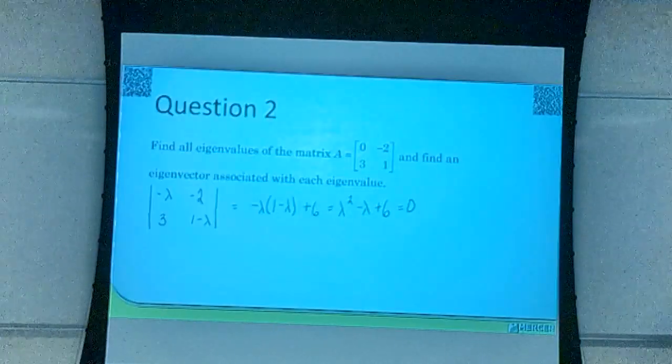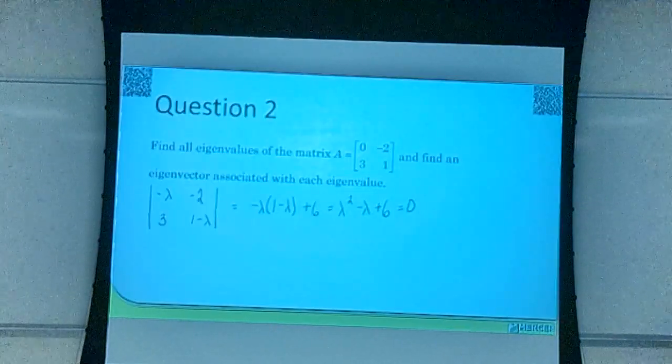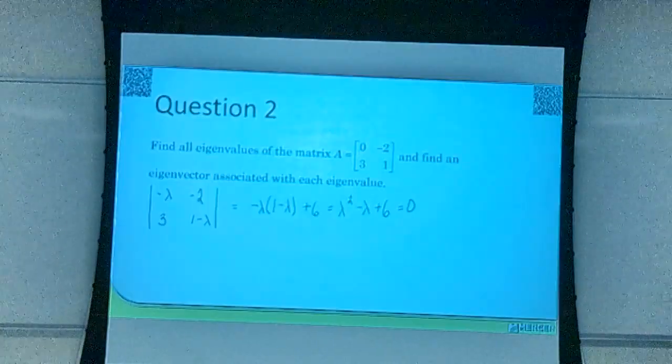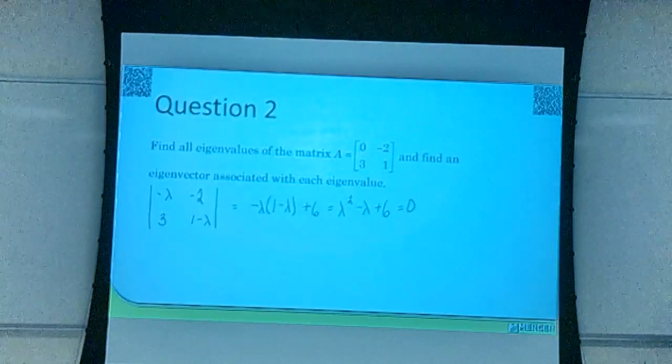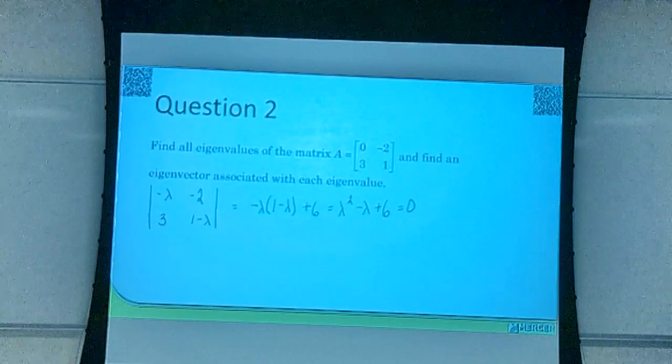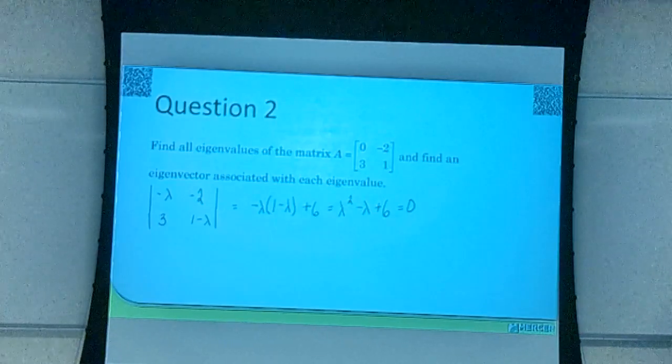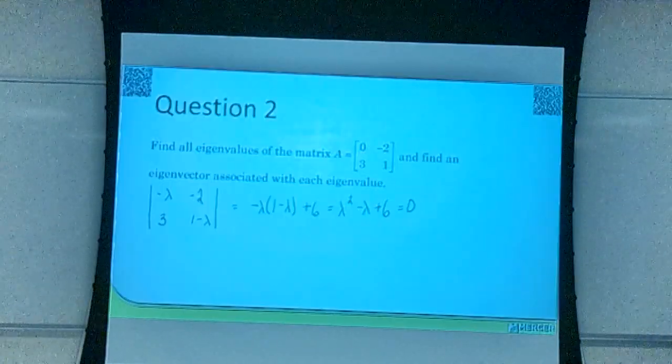Lambda squared minus lambda plus 6 equals 0. That's the characteristic equation. Can that be factored with integer coefficients? The answer is no. That's a bummer.